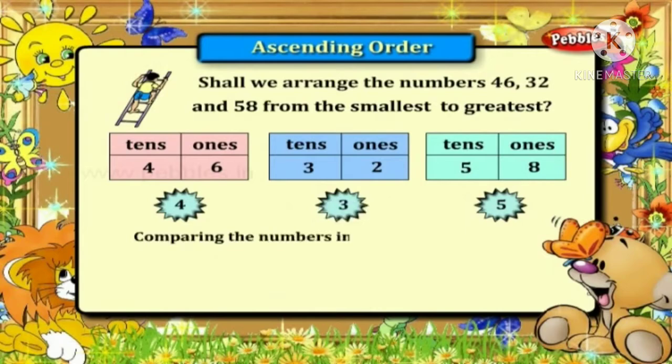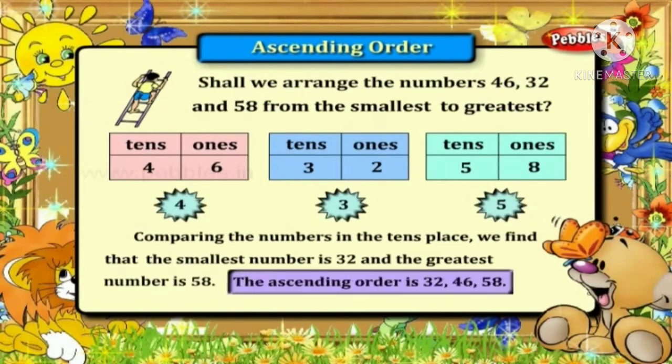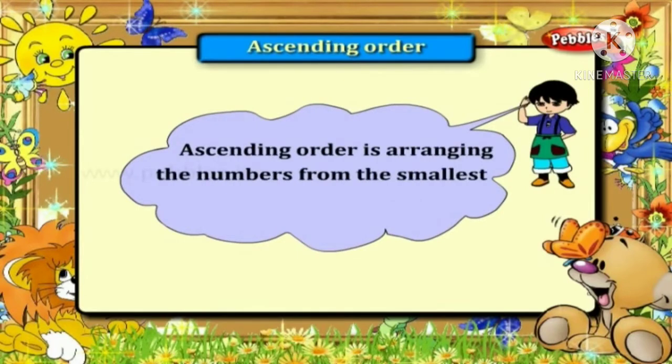Comparing the numbers in the tens place, we find that the smallest number is 32 and the greatest number is 58. So the ascending order is 32, 46 and 58. So ascending order is arranging the numbers from the smallest to the greatest.